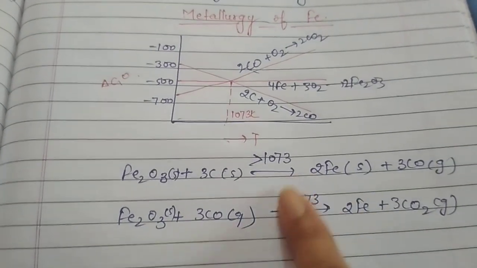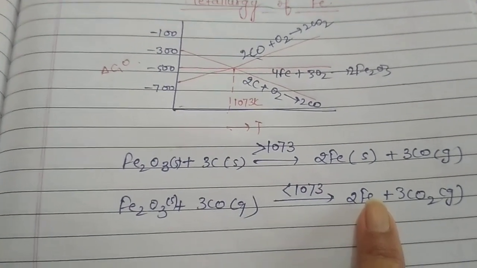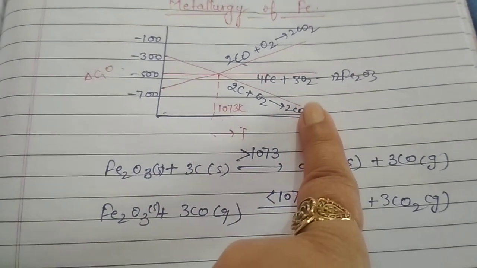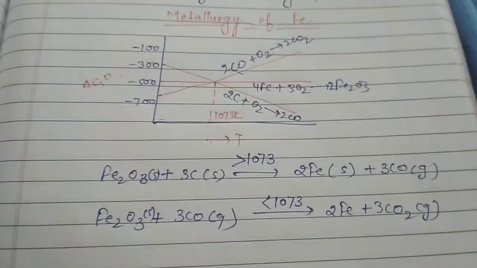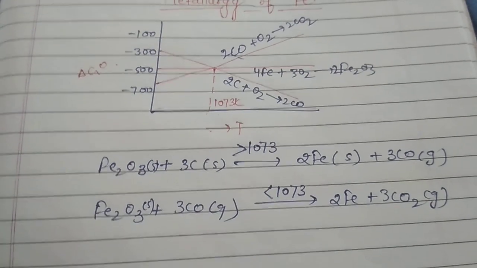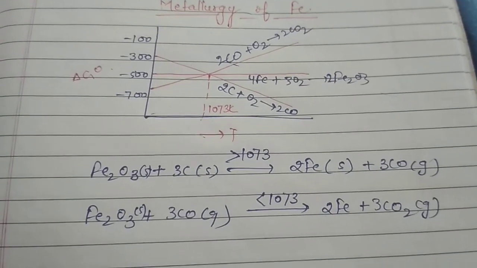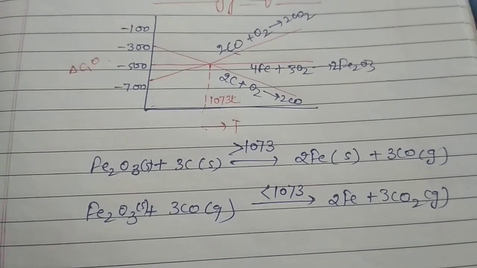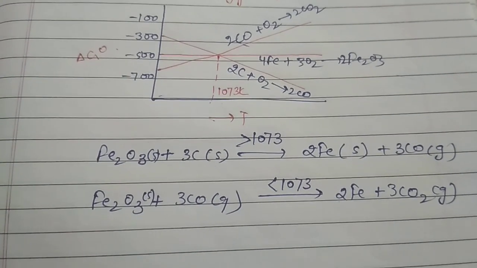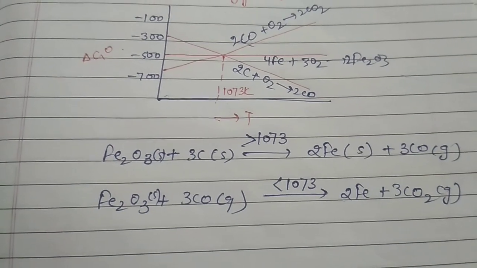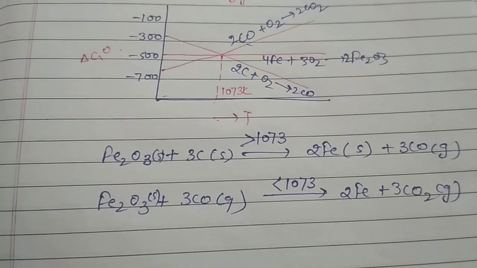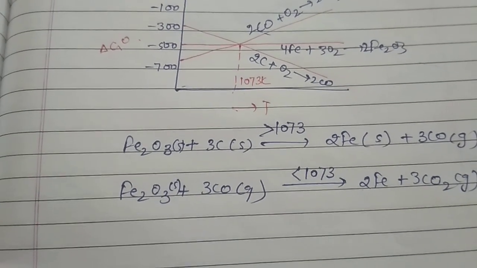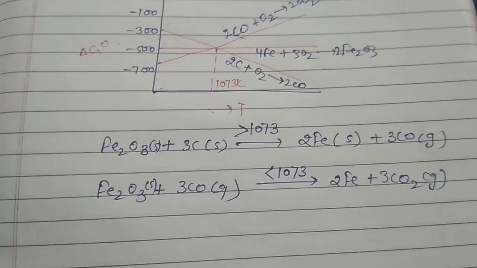So that is the thermodynamic point of view, or the selection of a suitable reducing agent in case of metallurgy of iron, that we'll discuss when I tell you tomorrow the metallurgy of iron, in which in the smelting process we discuss how to maintain the temperature in the furnace and how to get the carbon or carbon monoxide as a reducing agent. Thank you.